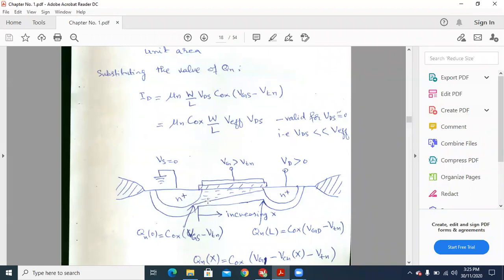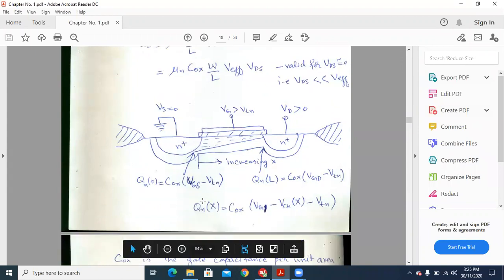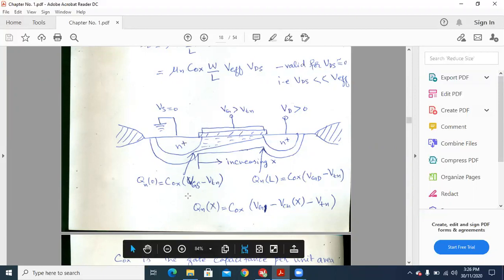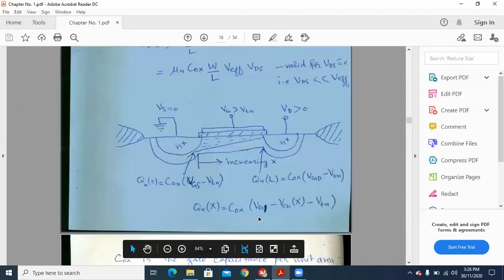The concentration of carriers near the drain will be less compared to the concentration near the source. You can find the value of this gradient as the charge carrier concentration varies from C(VGS minus VTN) to lower values. At any point through the channel, you can find the charge carrier concentration with this relationship.